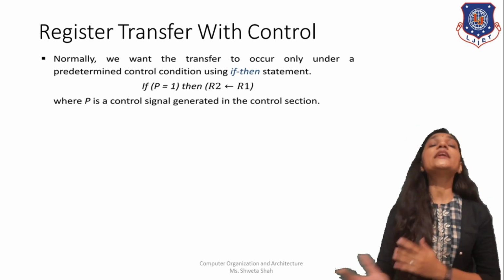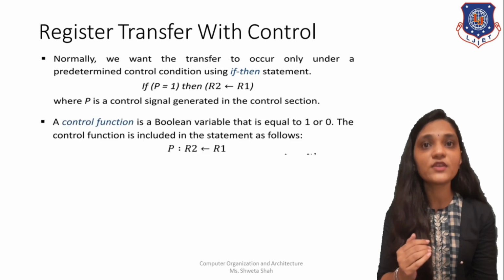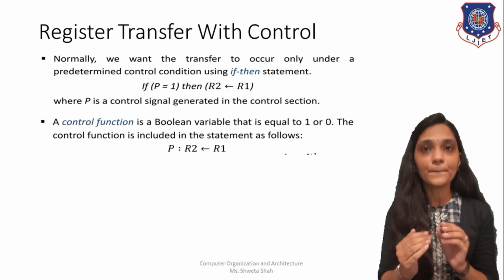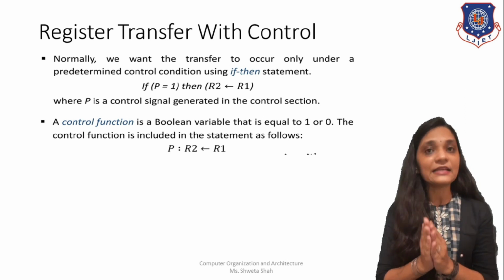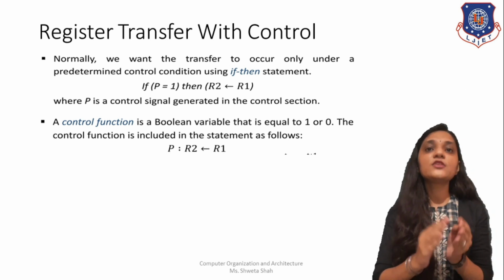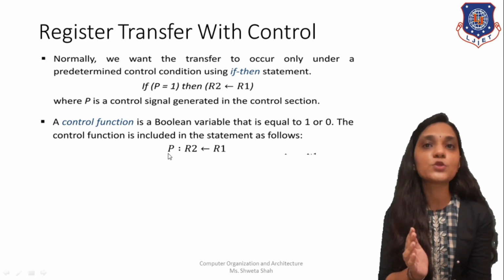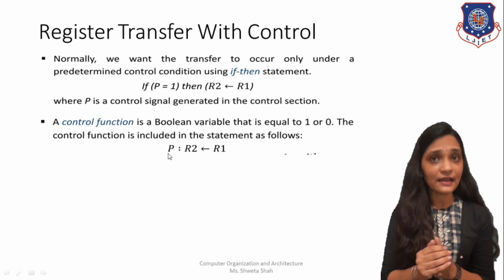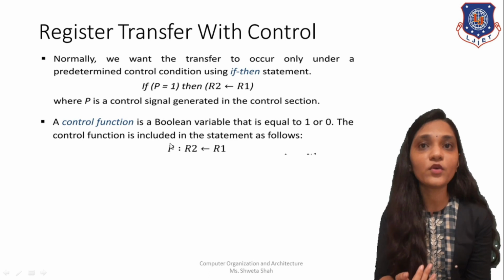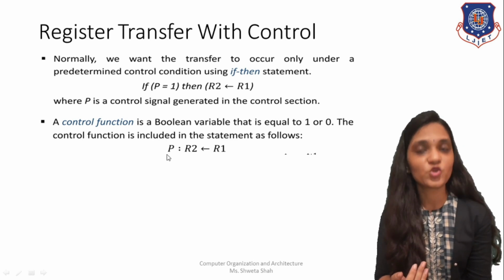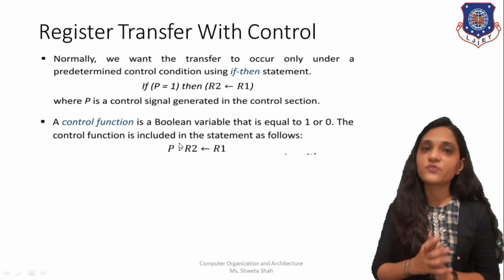In terms of this micro operation, or RTL language, you have to write like this: P colon R2 arrow R1. That is, the content of register R1 is going to be stored into R2 only if P is 1. If the condition is such that the transfer should happen when P is 0, then you have to write P dash. So your condition will be P dash. If P is 0, then this transfer will take place.